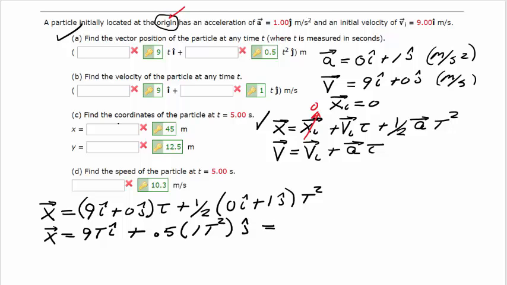You can write it to match what the answer is, though I'm sure it would accept this. Then x is going to equal 9t i hat plus 0.5 t squared j hat, and your units are going to be in meters.